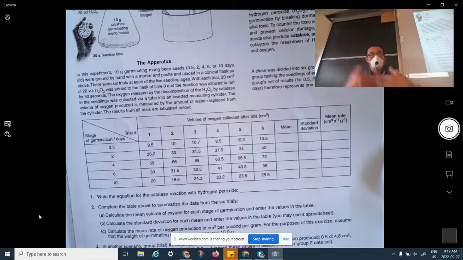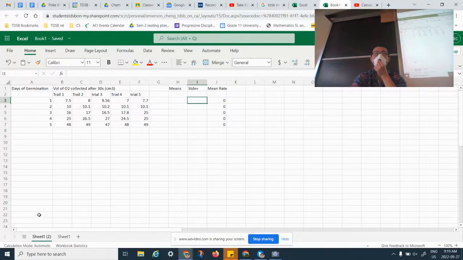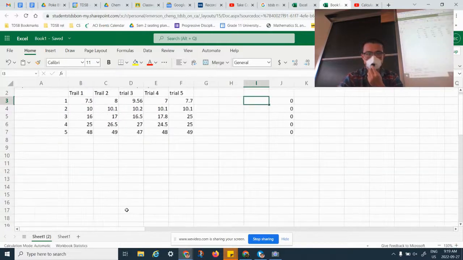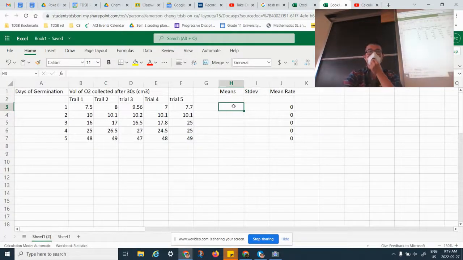I still want you to do this yourself. In this case, I made up some data. It's not necessarily going to be the same, but here it is. I'm just going to zoom in a little bit so you can see it easier. Now, means are averages. One nice thing about Excel is that you can get it to calculate things for you.